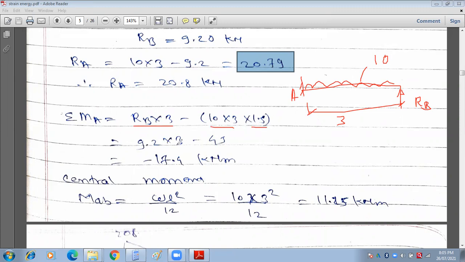By simplifying the terms, put the value of Rb over here, and you'll be getting minus 17.4 kilonewton meter moment at support A.